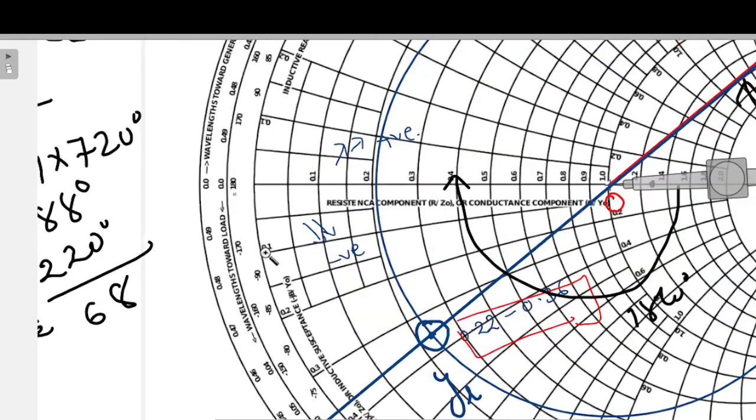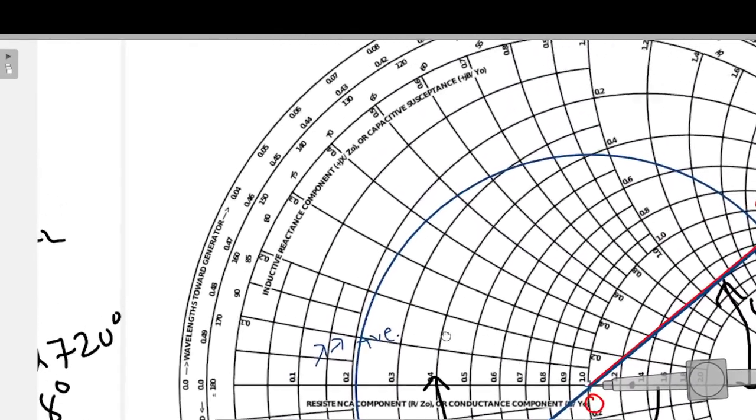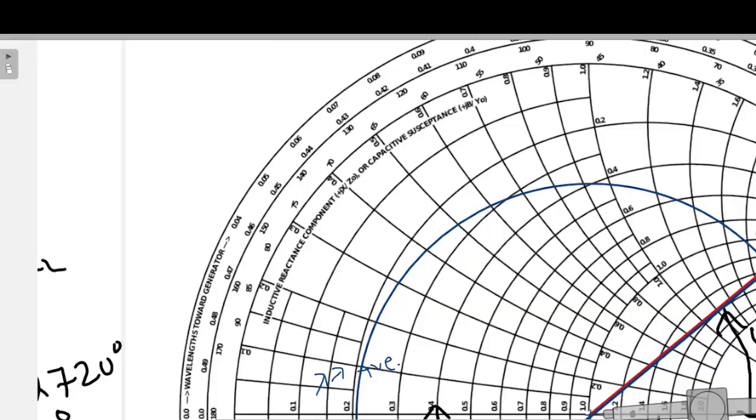So we have to move 68 degrees more to reach the 0.4 lambda distance. So how do I travel that 68 degrees? Here is the point where we have reached 220 degrees. Now from here we have to travel 68 degrees. So 10, 20, 30, 40, 50, 60. So 68 should come around here somewhere.